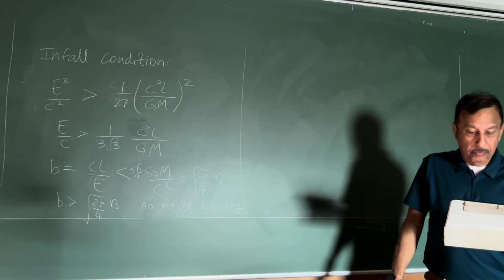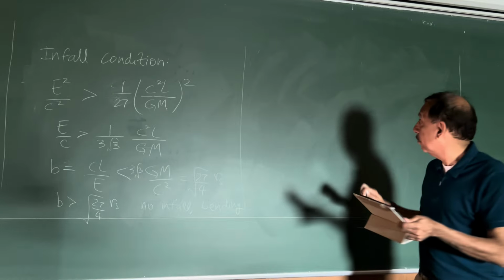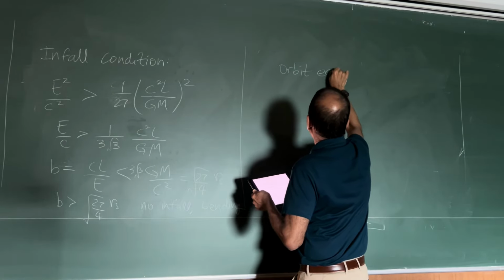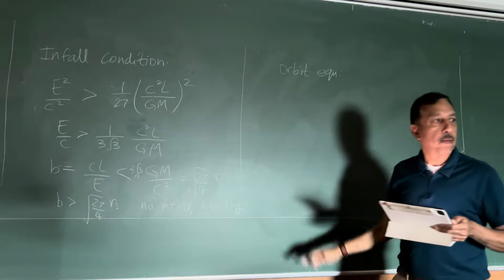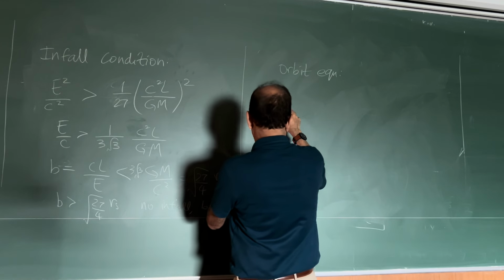Okay. Now we had an orbit equation, if you remember, which was obtained by eliminating the parameter, proper time in that case and lambda in this case, between the radial and the angular equation.